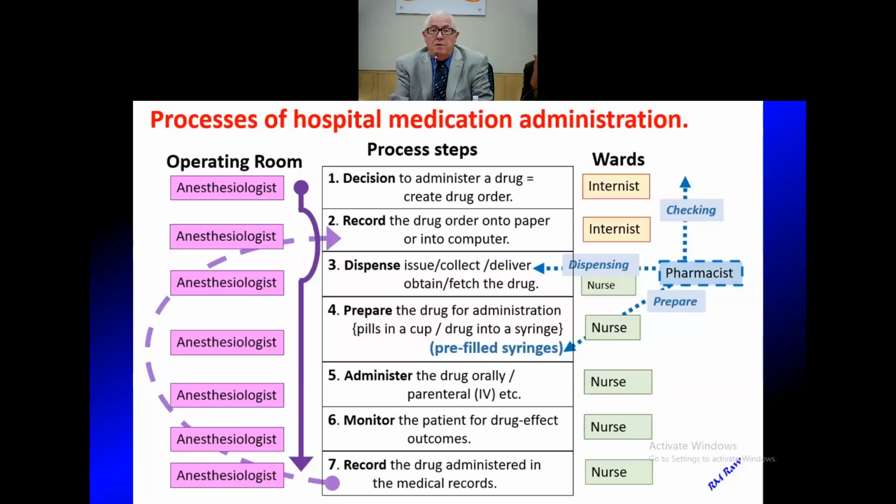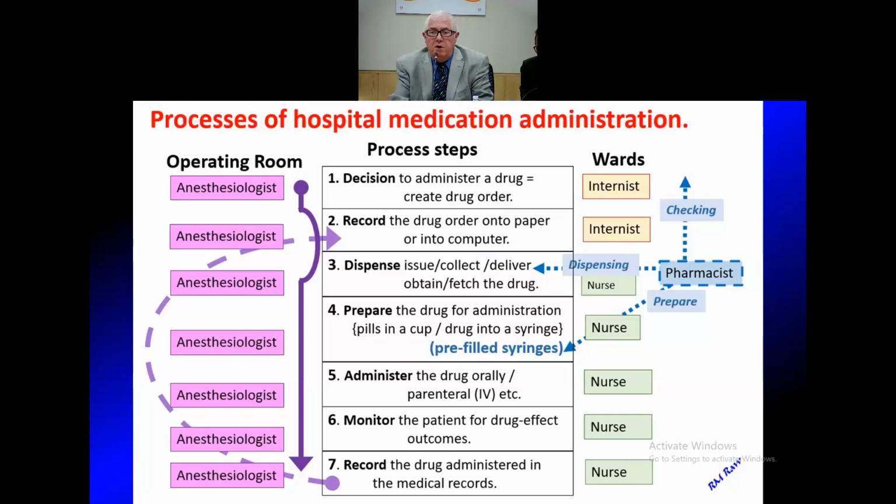Maybe the monitoring is only for 60 seconds, or maybe the monitoring is to only come back 6 hours later to check the patient. In anesthesia, we monitor the patient every minute. Finally, that administration has to be added to the records. Now, if you look to the right of this image, there are 3 people in the general wards of the hospital who participate in this 5 to 8 step process.